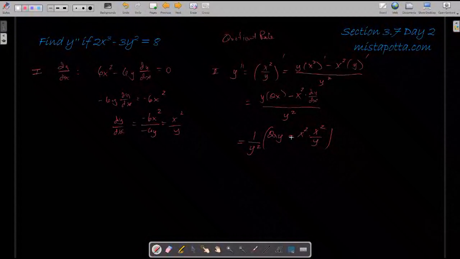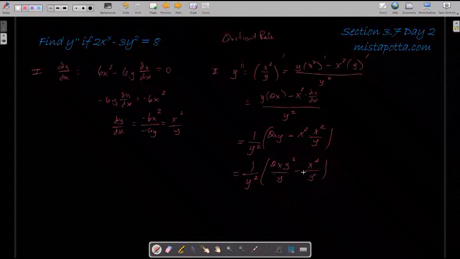And because I'm subtracting, I'm going to want to get a common denominator here. So I've got 1 over y squared times the expression. This is going to be 2xy squared over y minus x to the 4th over y.